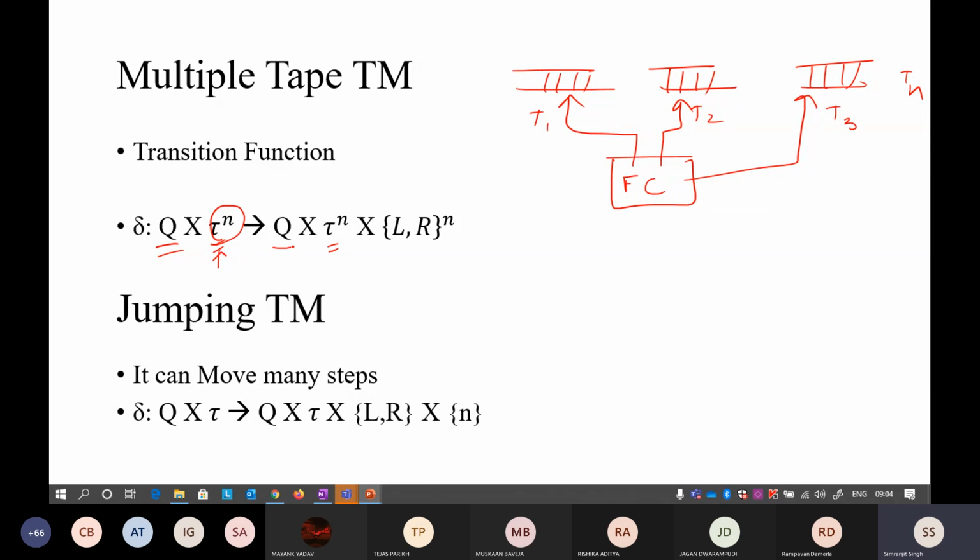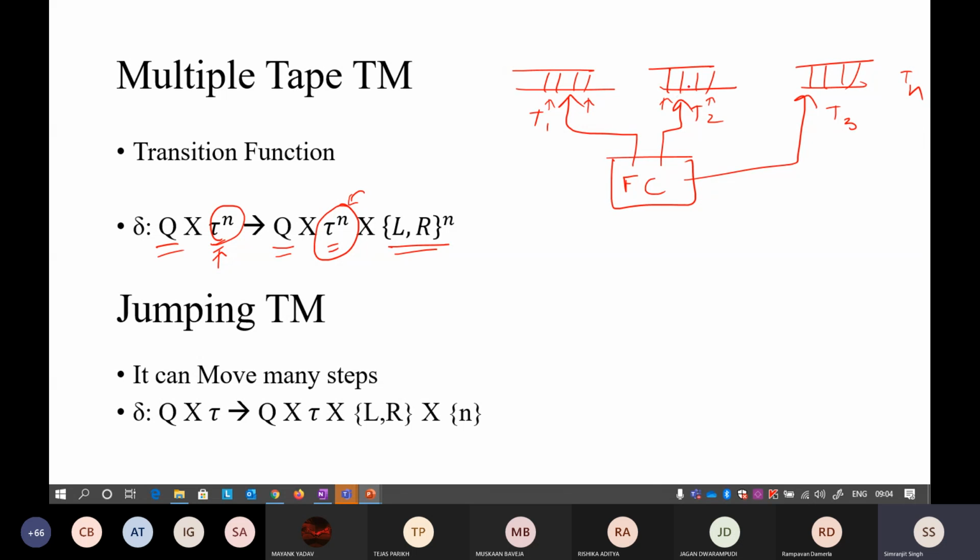When there is a transition, the state can be changed, and every tape can also be changed. It can move towards left or towards right, and either read or write. So every tape can individually move left or right, and individually read or write.